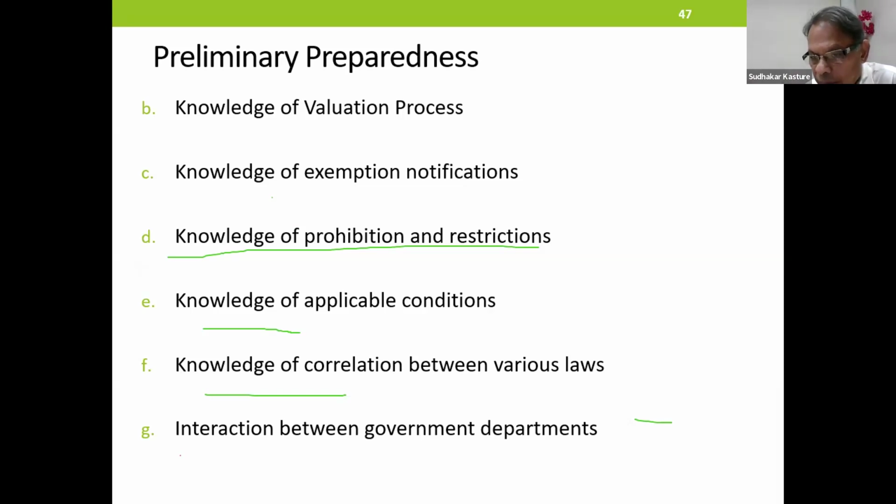Knowledge of applicable conditions. Knowledge of correlation between various laws, FEMA, FTDR Act, product-specific rules described by different ministries. Have a common understanding with customs laws, so that has to be seen. Interaction between government departments, how government departments interact with each other, that also has to be seen.